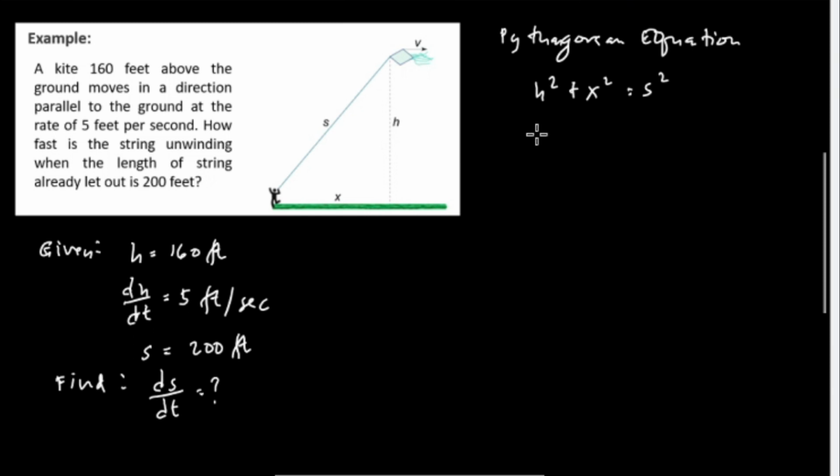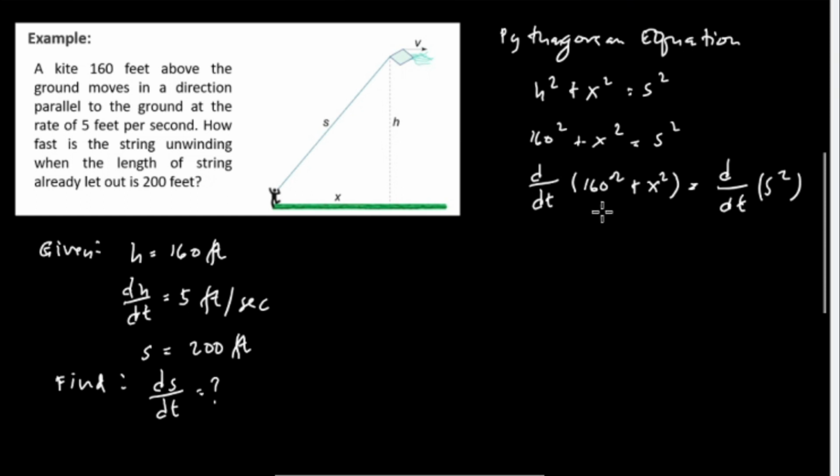h is equal to 160 feet, so it's 160 squared plus x squared is equal to s squared. And then we differentiate with respect to time t: 160 squared plus x squared equals the derivative of s squared.